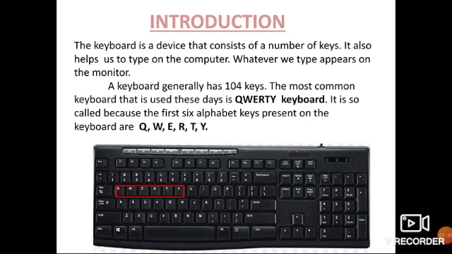This keyboard is a device which contains a number of keys which help us to type letters, numbers, and also perform special functions on our computer. Generally we have 104 keys in the keyboard.